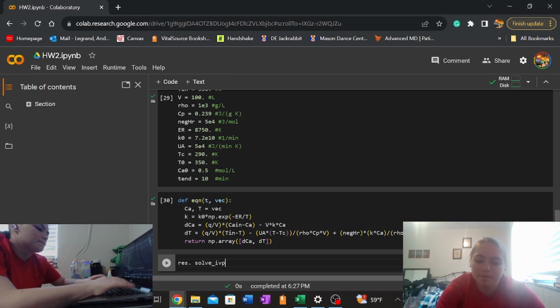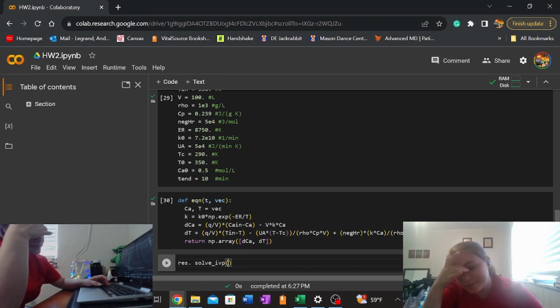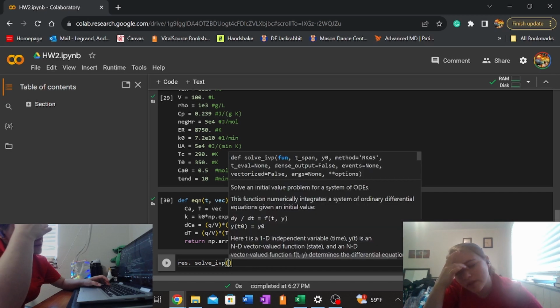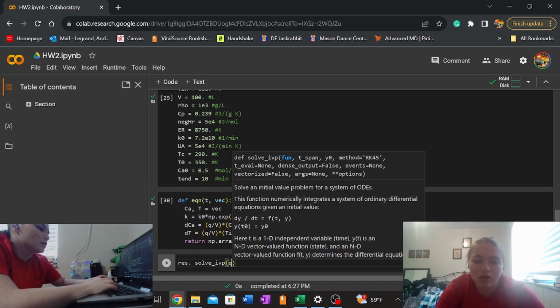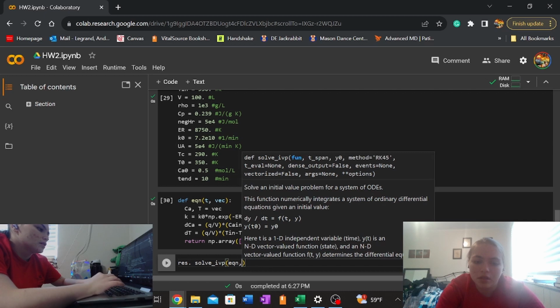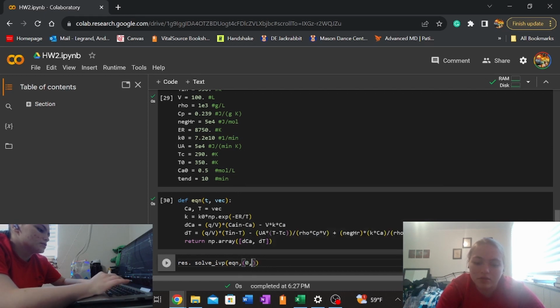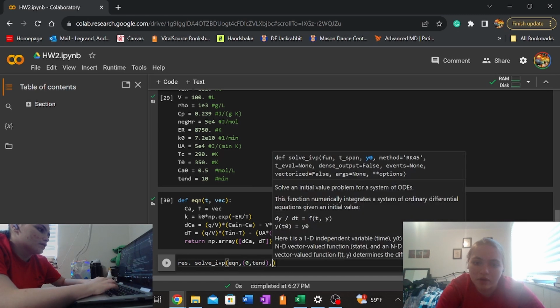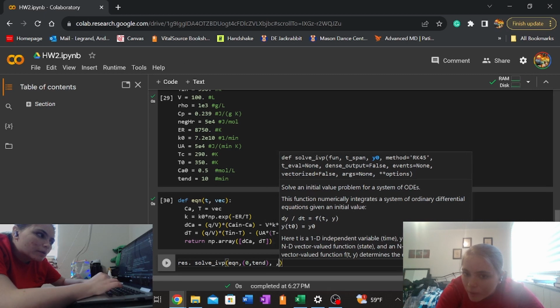Solve IVP, which is going to be our equation, and then our t-span, which is 0 to t end, and then we have our initial y, which I don't remember yet.